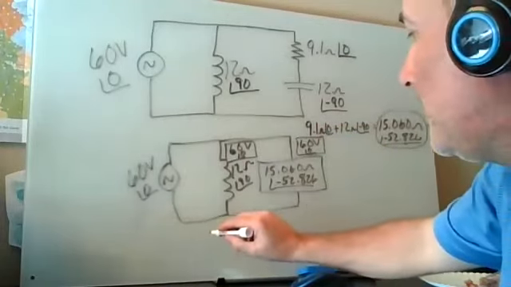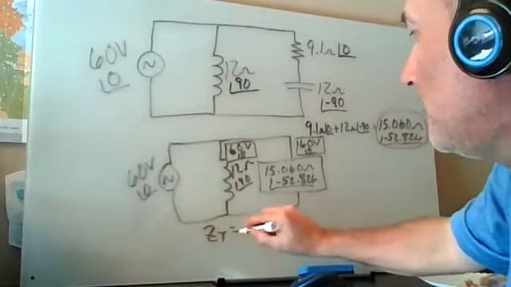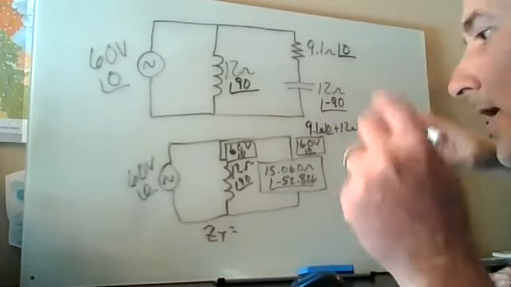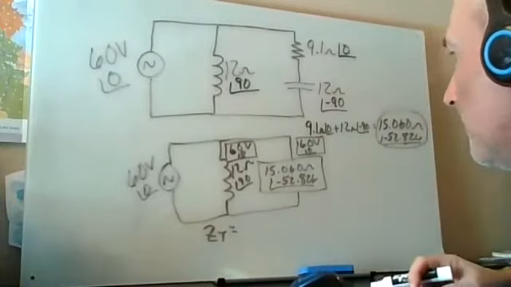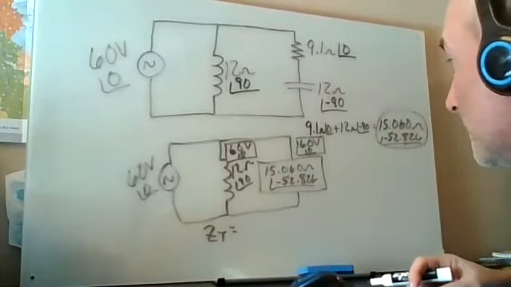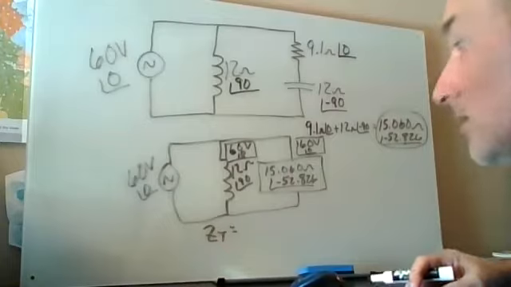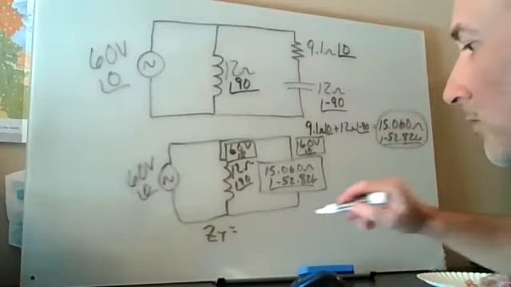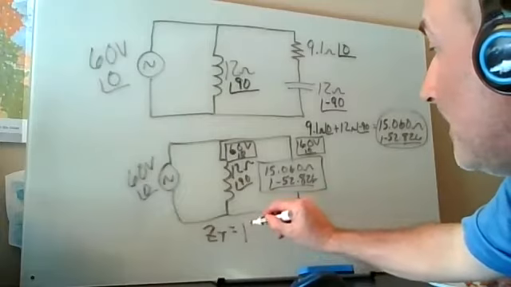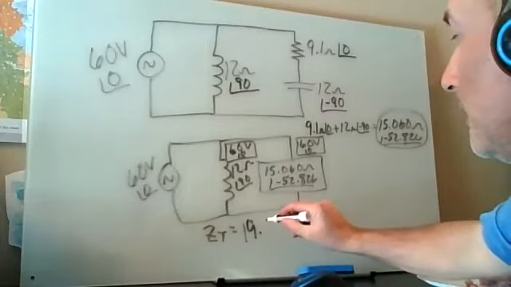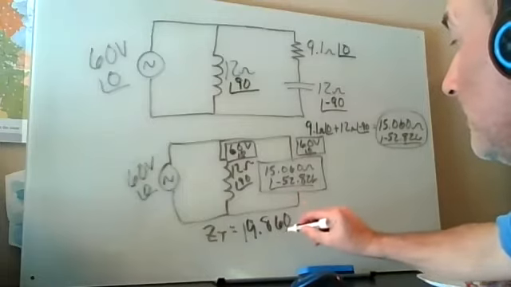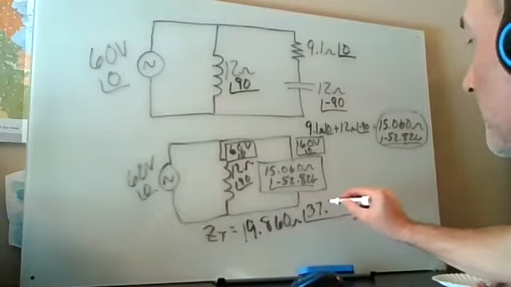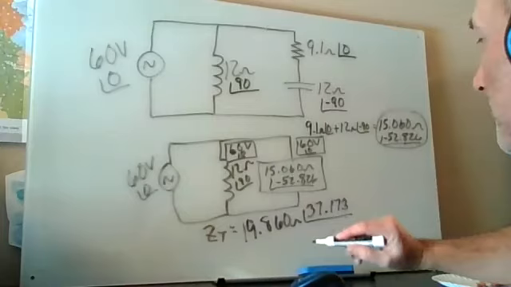So I want my I total, so I got to find Z total first. This one in parallel with that. So 12 ohms at an angle of 90 in parentheses, shift reciprocal, plus 15.060 ohms at an angle of negative 52.826, all that in parentheses, shift reciprocal, equals, shift reciprocal, equals, and I should get 19.860 ohms at an angle of 37.173.